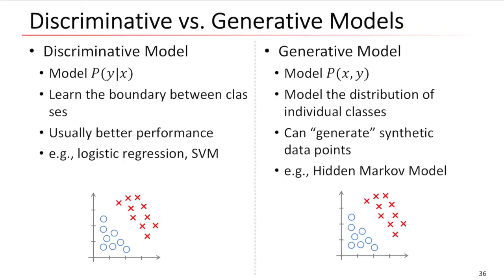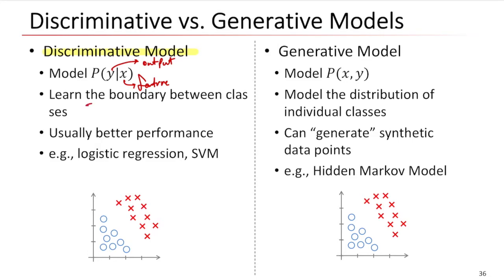This is the last topic of today's lecture. Until now, we have learned the discriminative model. What was the discriminative model? Let's say we have the feature X and we want to find the output class.